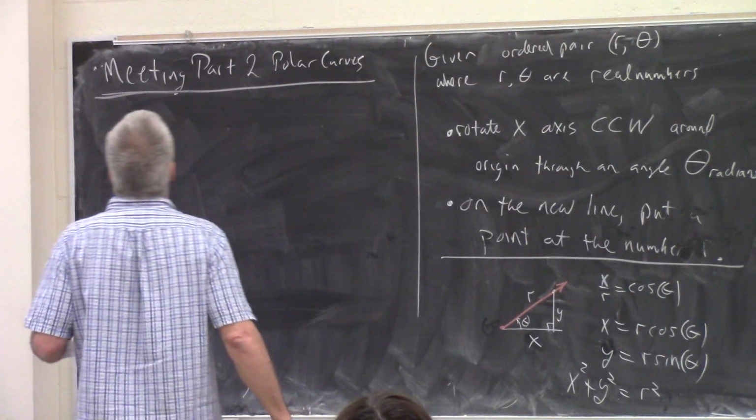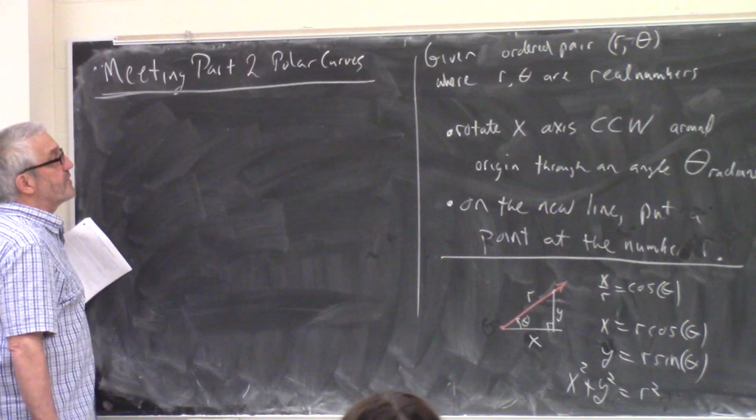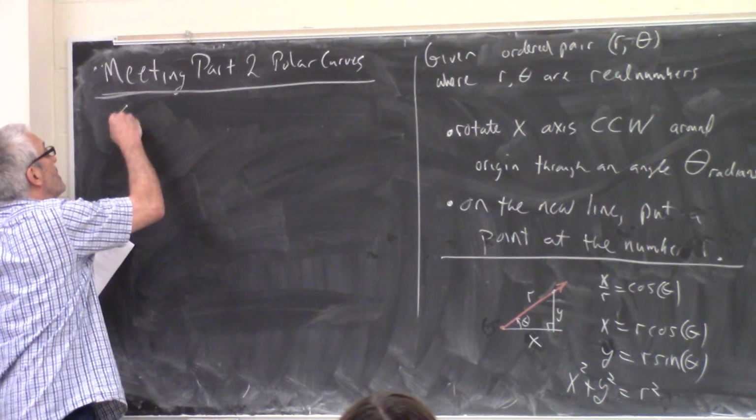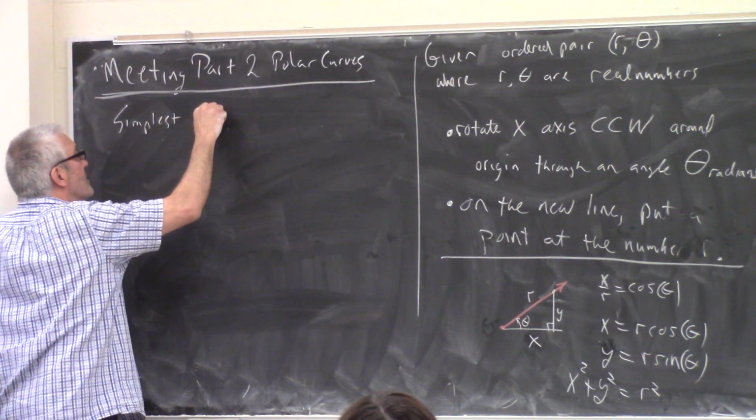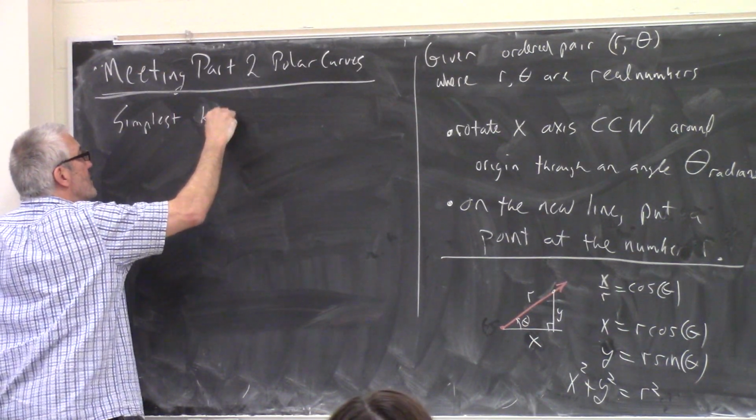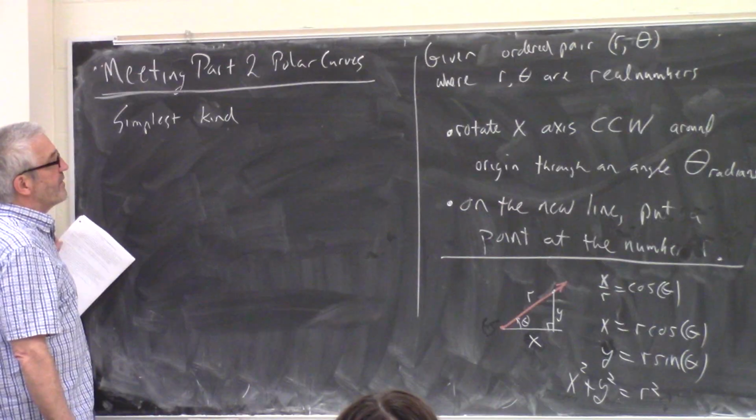So the simplest way we get a polar curve is when r is a function of theta.